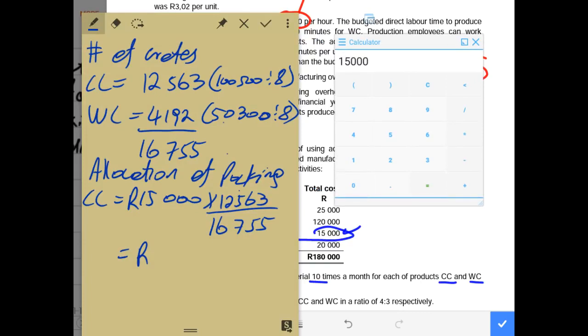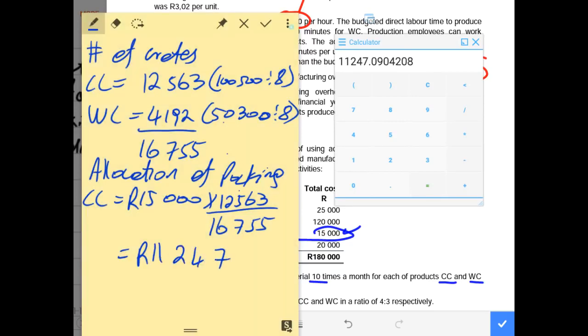This is 15,000 times 12,563, divided by 16,755, and it gives me 11,247. This is 11,247 of the cost that will be allocated to product CC.